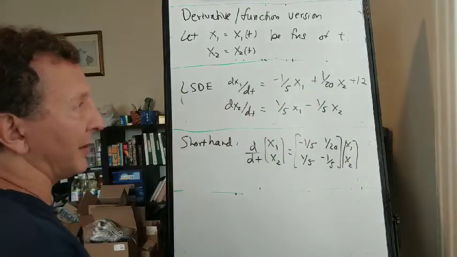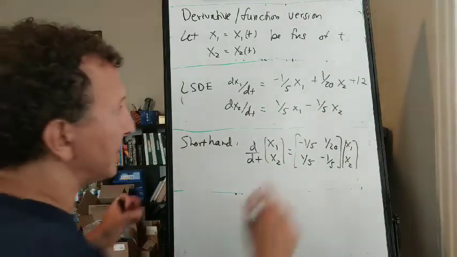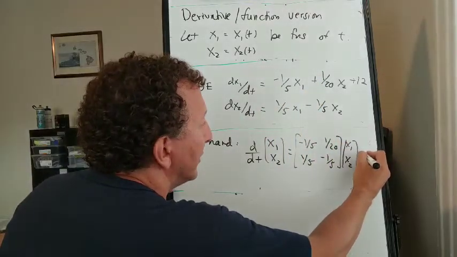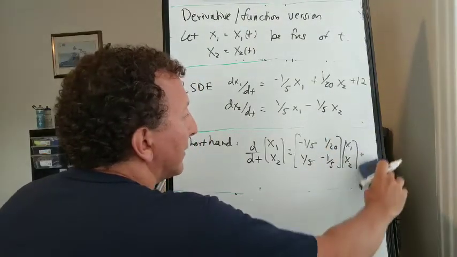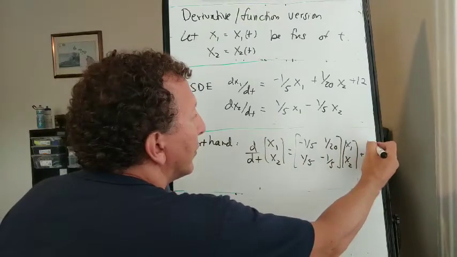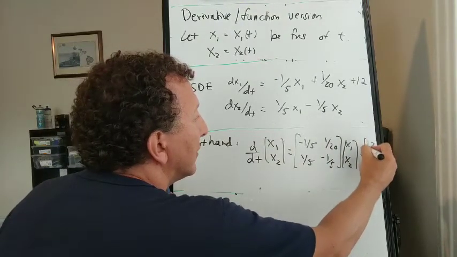And then there's a 12 in there that's not multiplying x1 or derivative of x1 or x2. So I'm going to add this vector of constants, 12, 0.